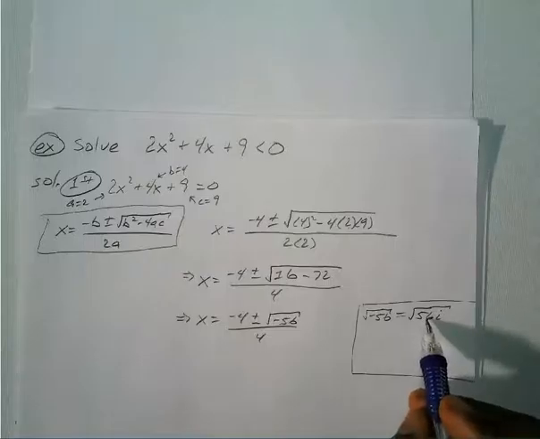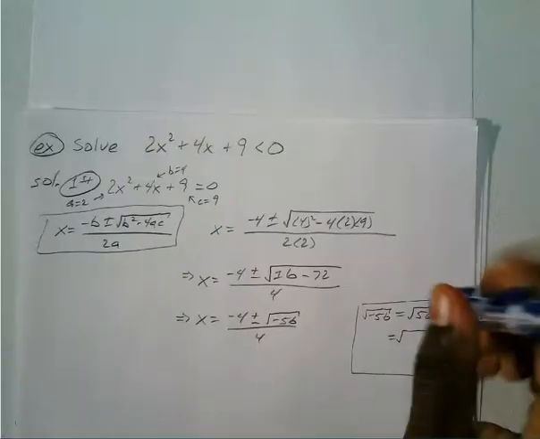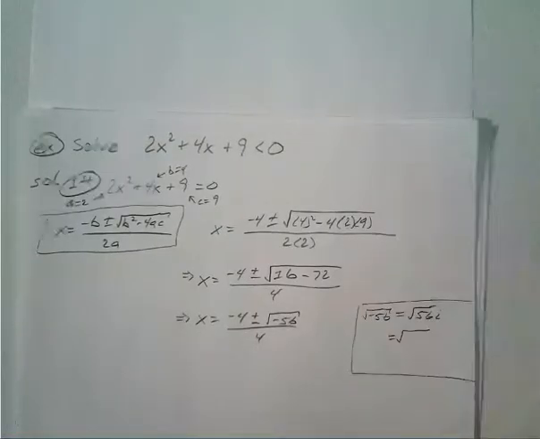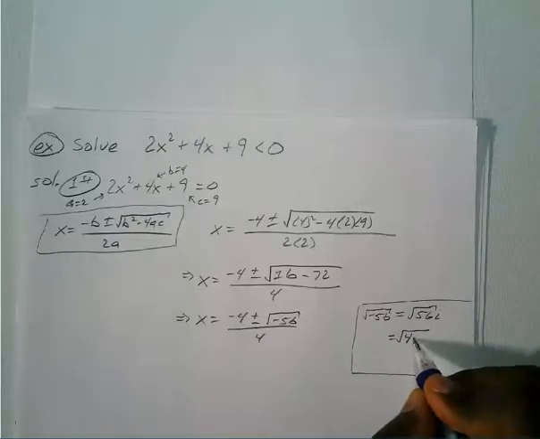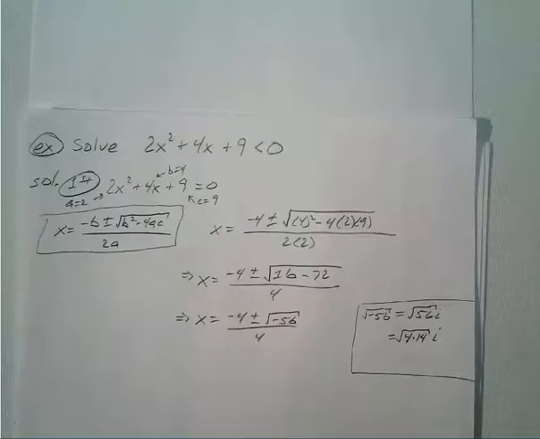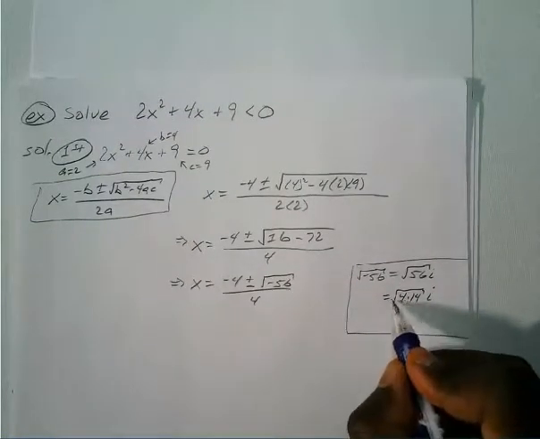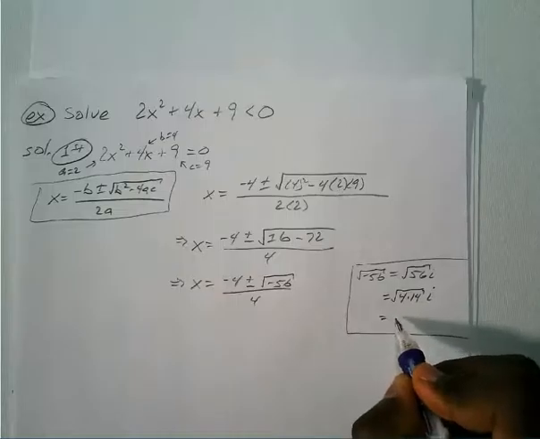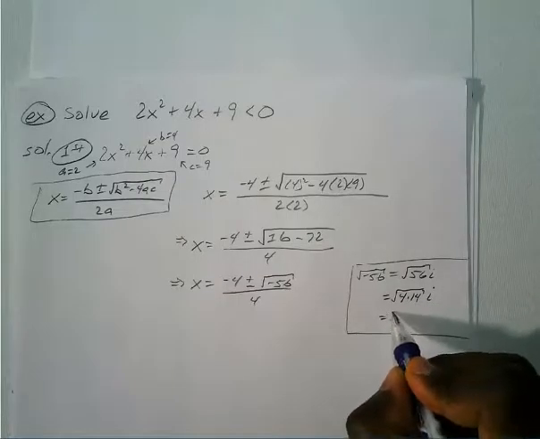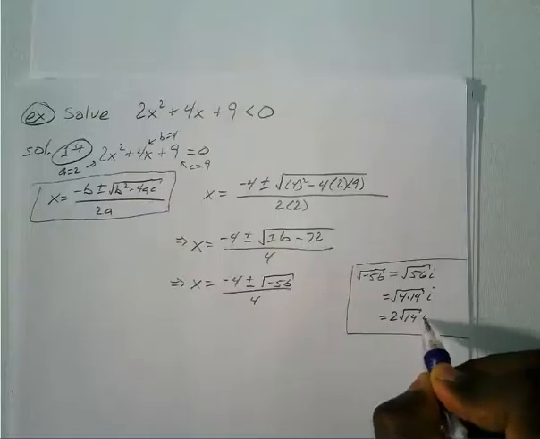Okay, so we know 56, to get a perfect square factor, we can make that equal to the square root of 4 times 14 times i. Okay, so we can separate those to the square root of 4 times the square root of 14. So the square root of 4 is 2. Square root of 14 i.